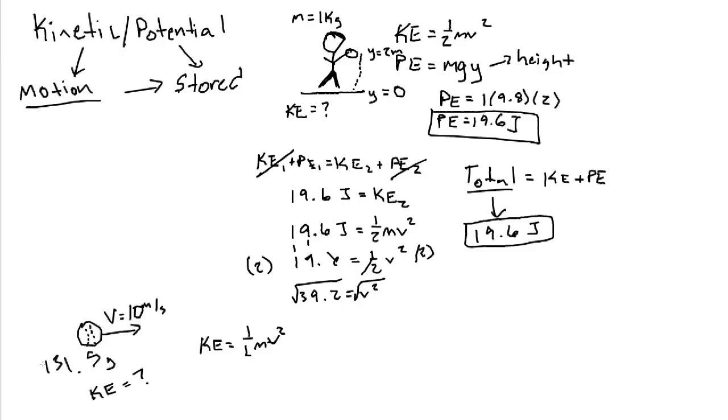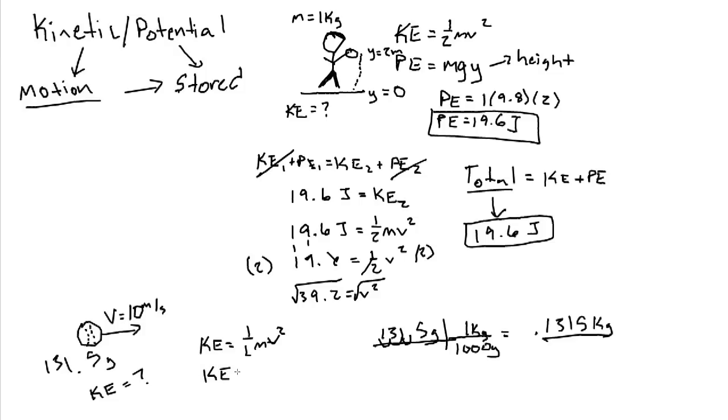You have to convert any mass that you're working with to kilograms. There are 1,000 grams in 1 kilogram, so I divide 131.5 by 1,000. This thing weighs 0.1315 kilograms. I substitute that in for my mass.